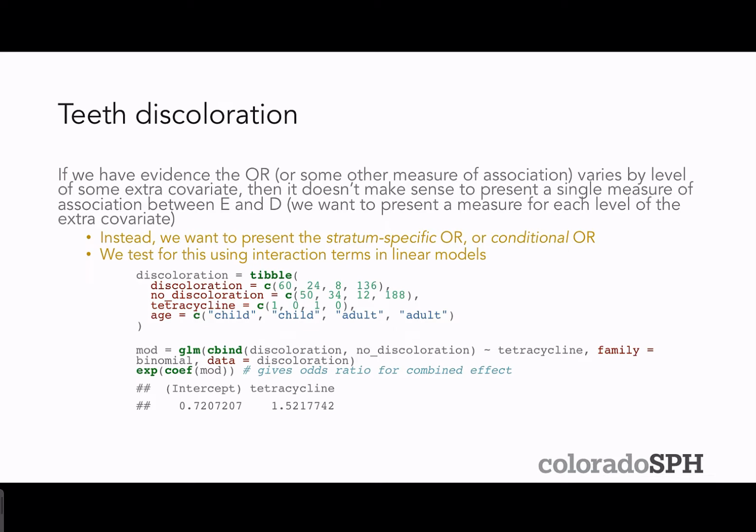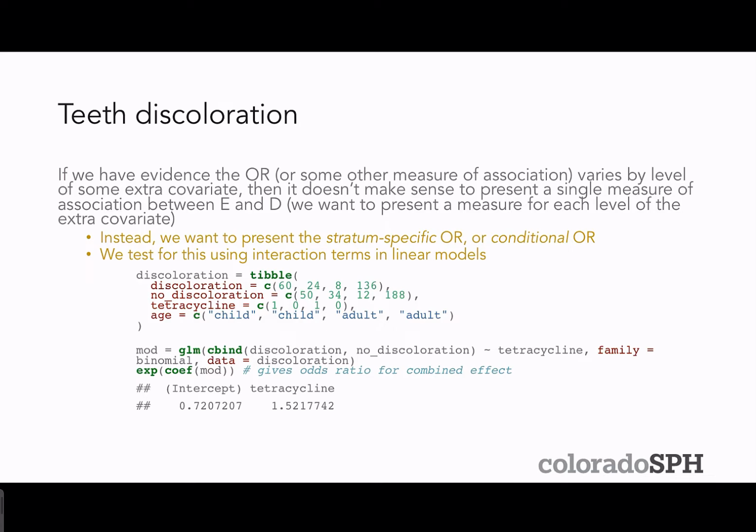If we have evidence that the odds ratio, or some other measure of association that we might be interested in, varies by level of some extra covariate, age in this case, then it doesn't make sense to present a single measure of association between the exposure and the disease. We want to instead present a measure at each level of the extra covariate.